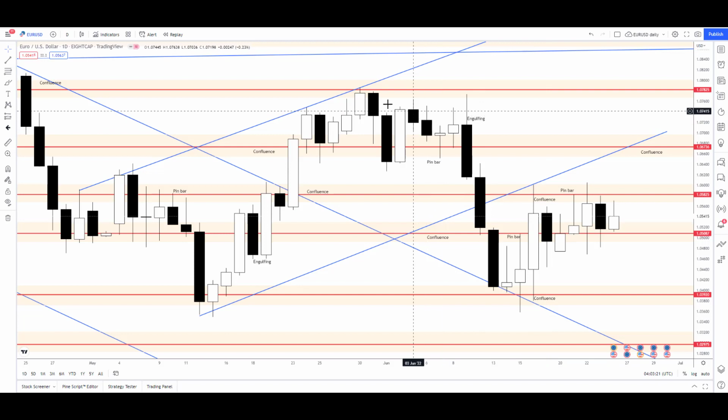1.07825. So if the price manages to close above this resistance level, we could see the price reaching higher levels, and this means almost above 1.06736. But we'll need to see how the price will move.